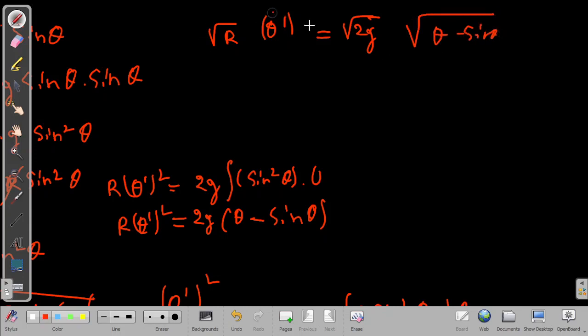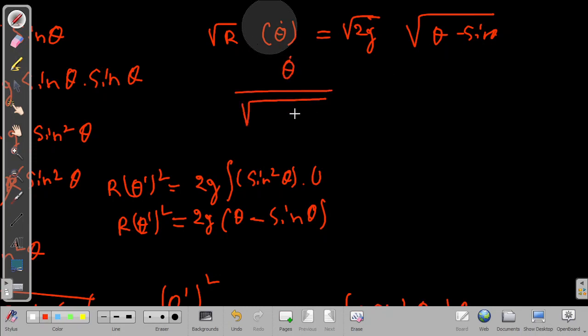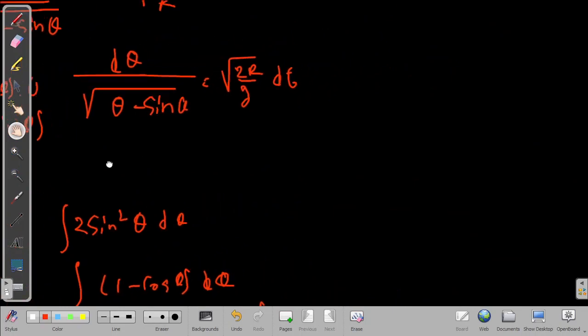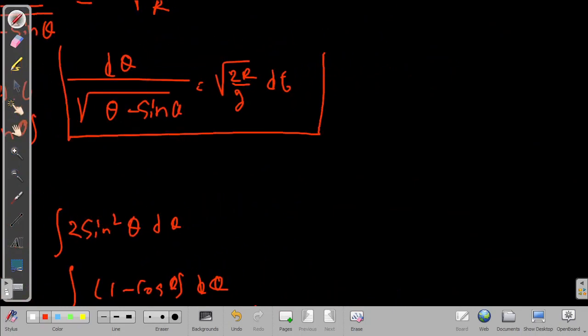Shifting terms, theta dot divided by root over theta minus sin theta is equal to root over 2g by r. So we can write this as d theta divided by root over theta minus sin theta is equal to root over 2g by r into dt. That is the equation to solve.